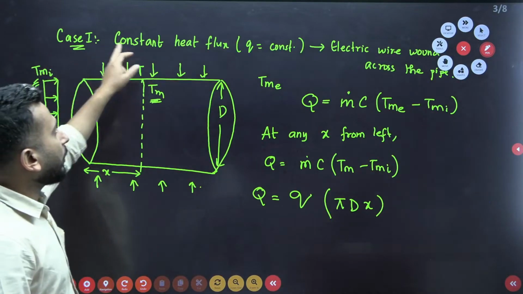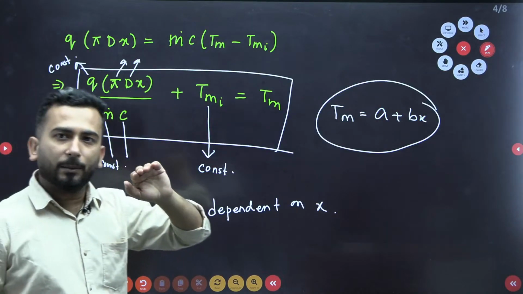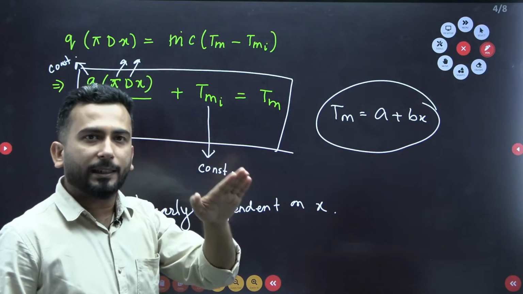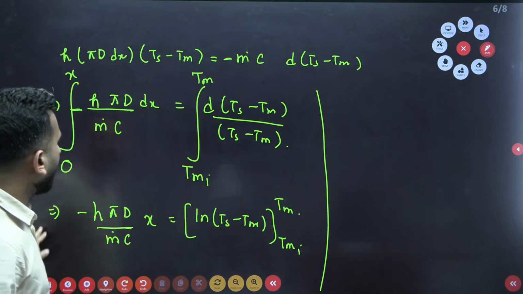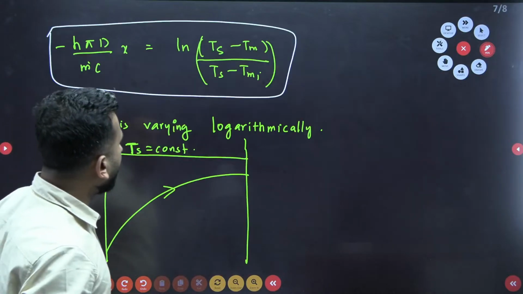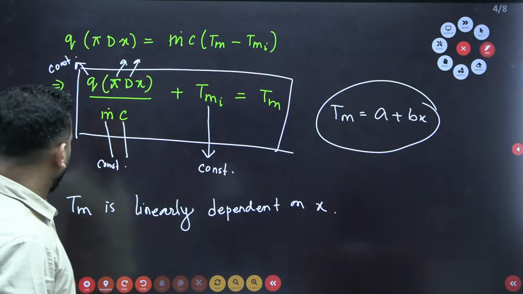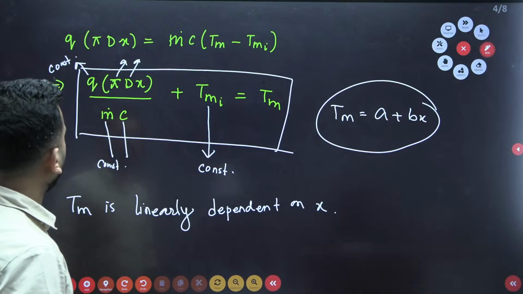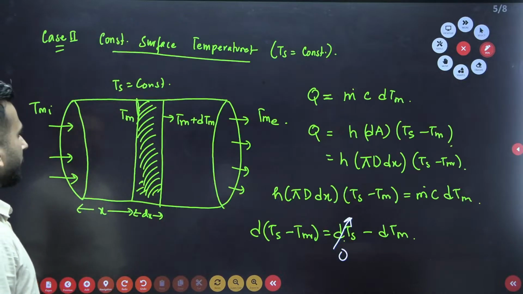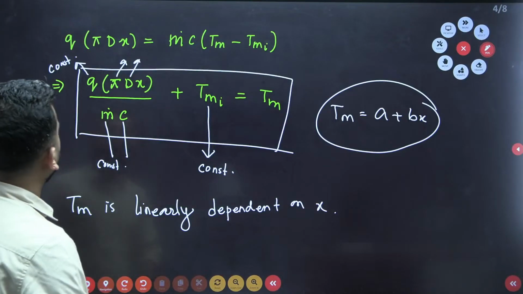So case 1, constant heat flux, and when we analyzed it, we arrived that Tm is increasing, but how is the mode of increase?